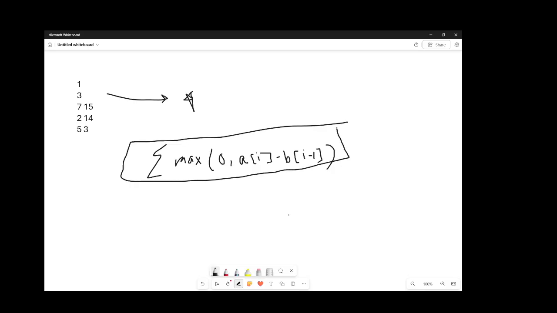Here I am considering this as linear. So this is the total number of bullets that we would need to kill all the monsters.